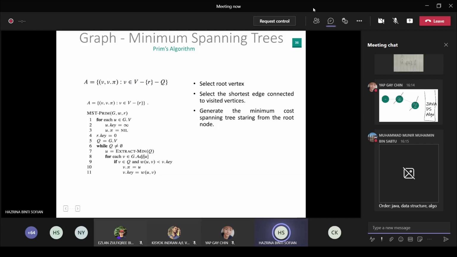Then we need to select the shortest edge connected to the visited vertices. Then we generate the minimum cost spanning tree starting from the root node. In MST, we still need to visit all of the nodes, and that's the rule. And when we visit the nodes, we will get the minimum cost.